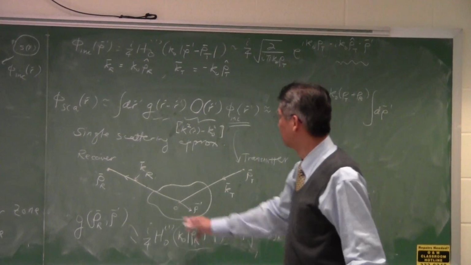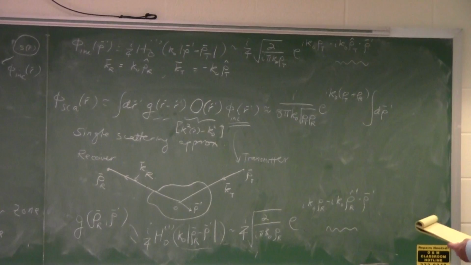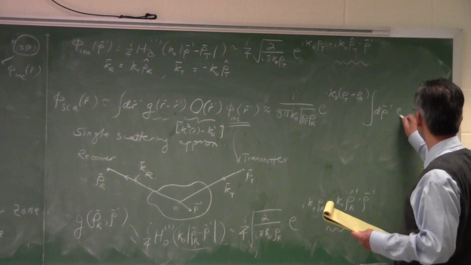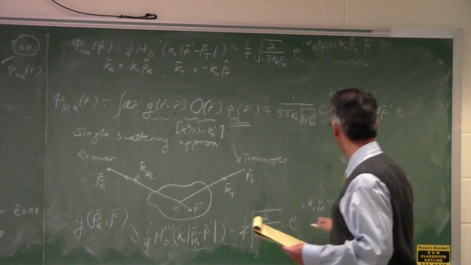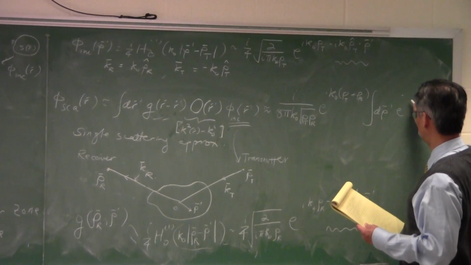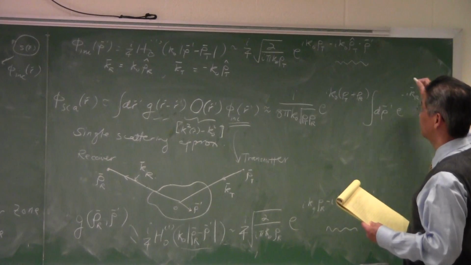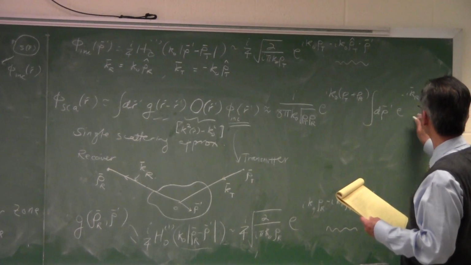You have the rho prime, the R prime becomes the rho prime. And then you have, say, the Green's function, only this term is left in there, e to the minus I. Remember that I call this K0 rho R, KR hat. So this becomes I K R bar, not hat, dot with rho prime.